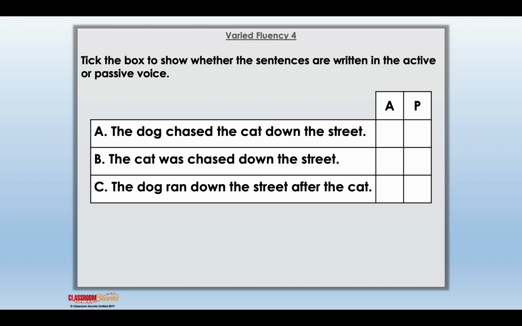Here, I would like you to identify whether the sentences are written in the active or passive voice. A is for active, P is for passive. The dog chased the cat down the street. The cat was chased down the street. The dog ran down the street after the cat.